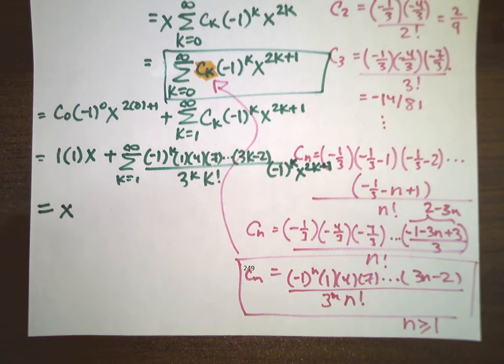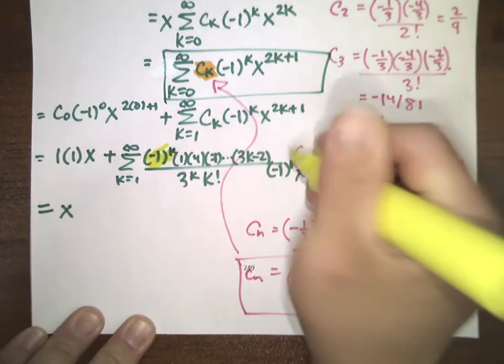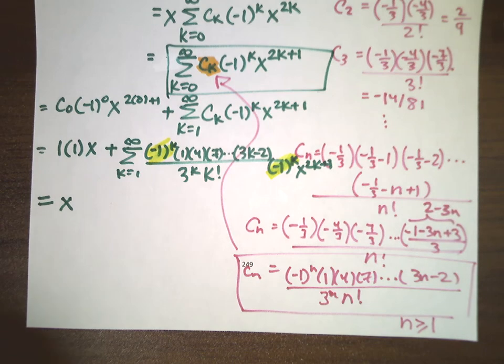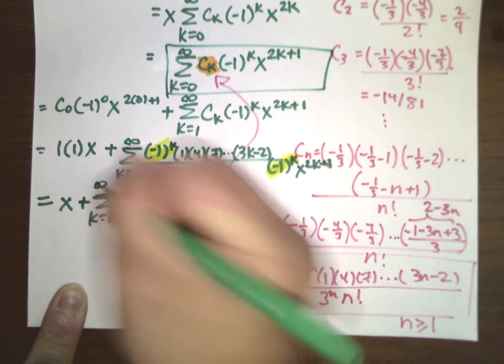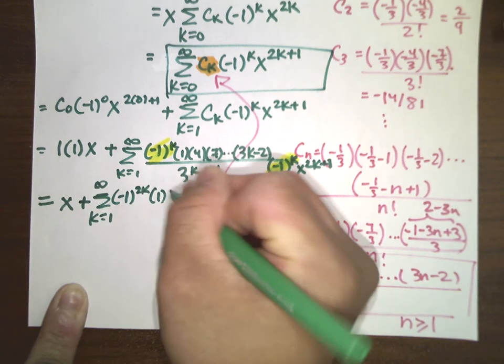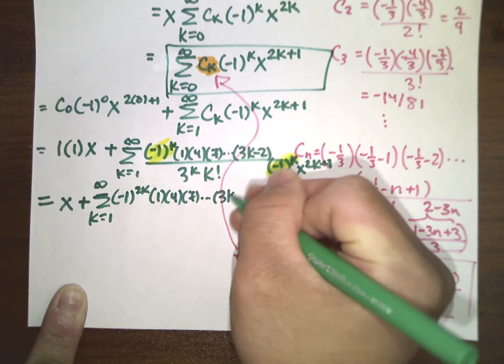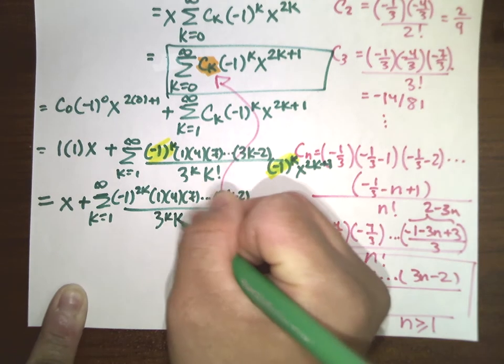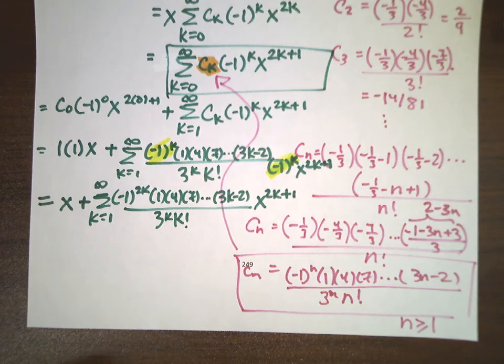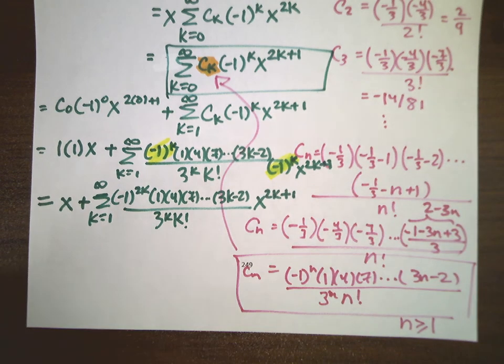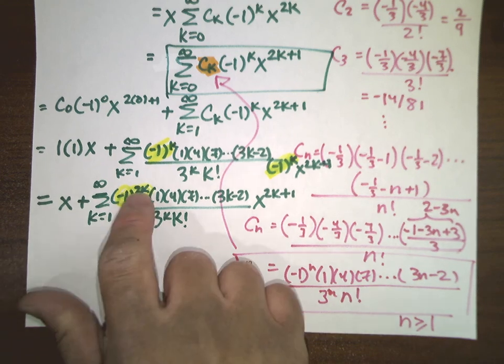So 1 times x is x, and then hopefully you see that negative 1 to the k times negative 1 to the k is negative 1 to the 2k. So we have plus the sum k equals 1 to infinity, negative 1 to the 2k, and then 1 times 4 times 7 all the way to 3k minus 2 all over 3 to the k factorial, and then x to the 2k plus 1. And let's realize that the negative 1 to the 2k is always going to be a positive 1 because it's something to the second power.